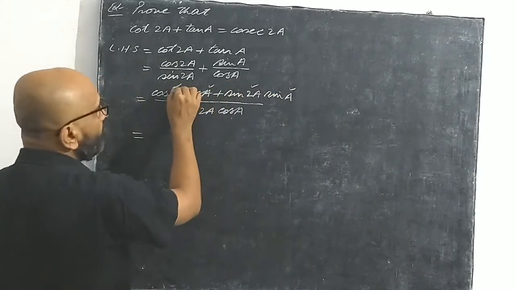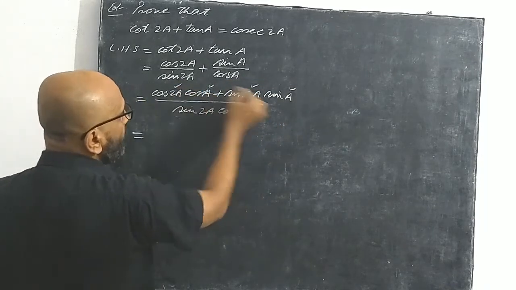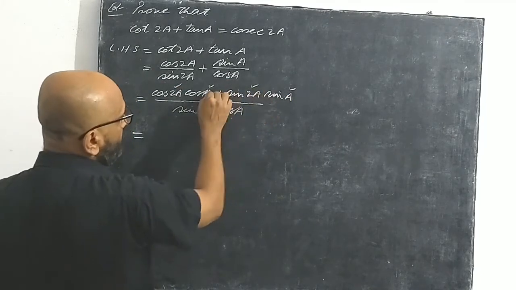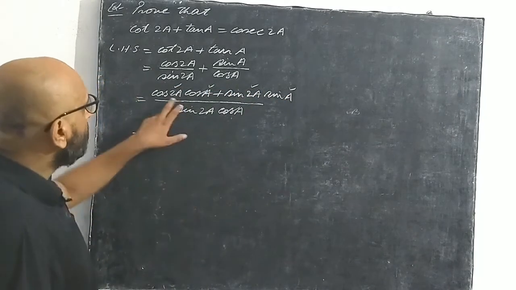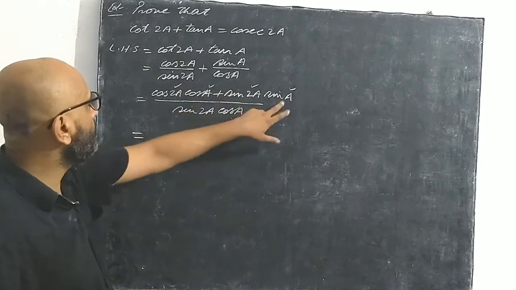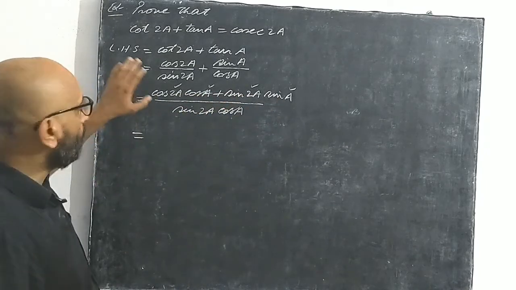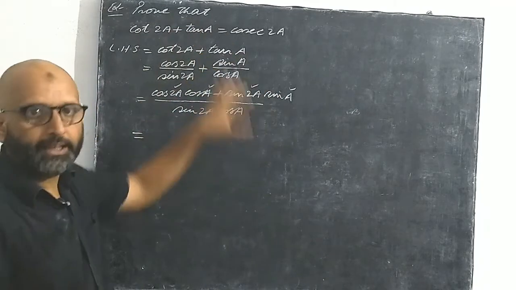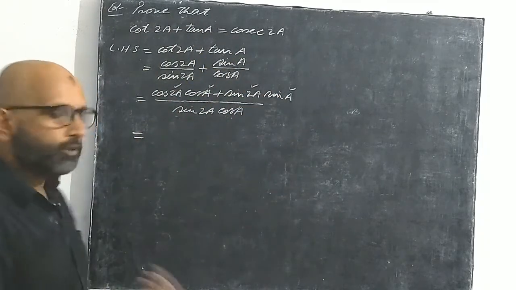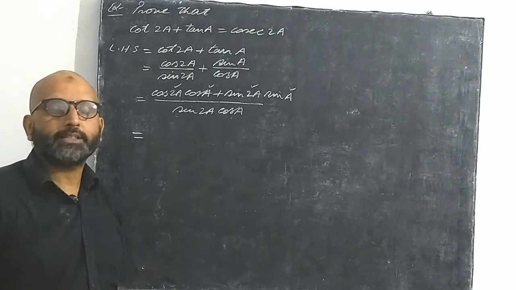If we consider this as A and this as B, so A and A same, B and B same. So these are the identical angles. So we may apply the formula cos A cos B plus sin A sin B.